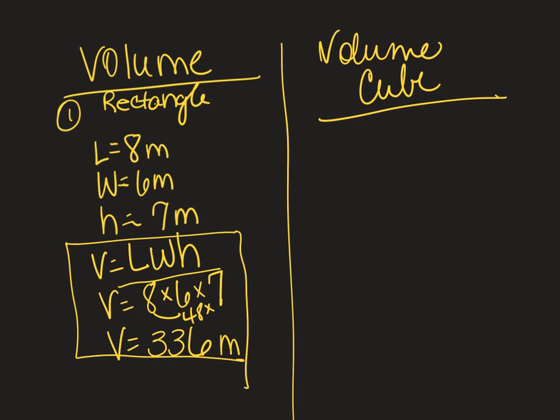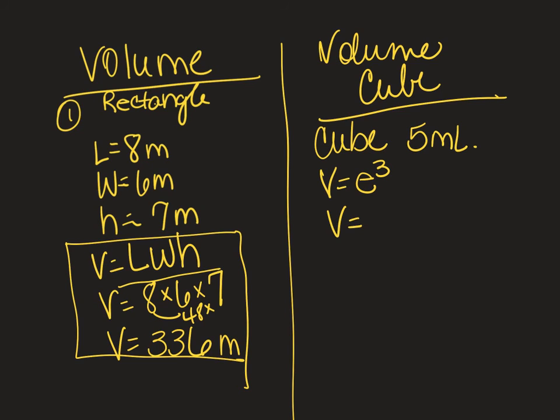Now, let's do the volume of a cube. All right, so let's just practice another volume of a cube here, and let's say that this cube is 5 milliliters. Okay, so what is the formula? Volume equals E cubed. Everybody say that with me. Volume equals E cubed.